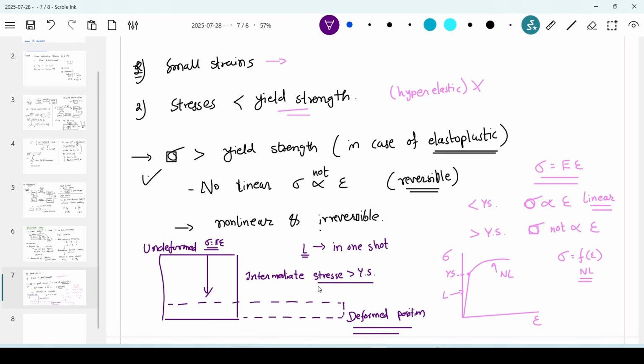If this is happening in between, how do we capture this intermediate? We cannot capture it with linear analysis because we are solving it in one shot, or one increment. For example, this state and this state, these intermediate transitions we are not able to capture in terms of stresses and strains, or also in terms of geometric changes.